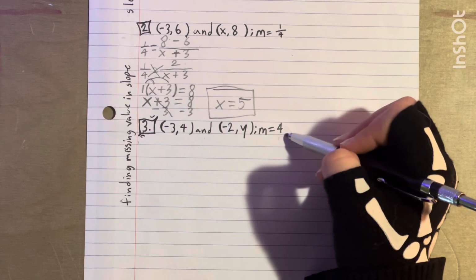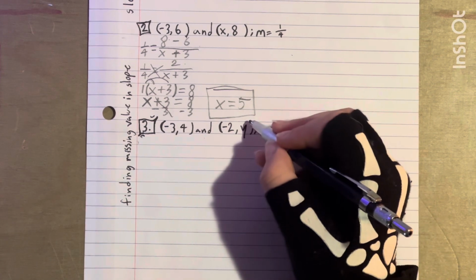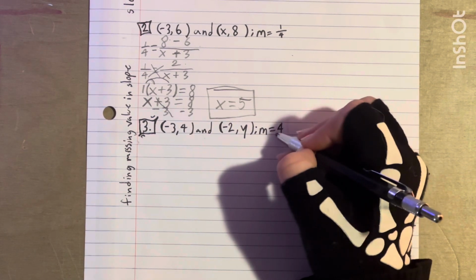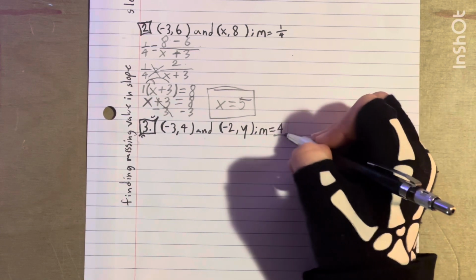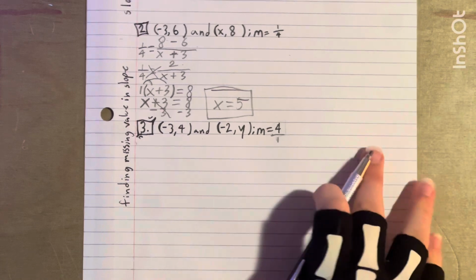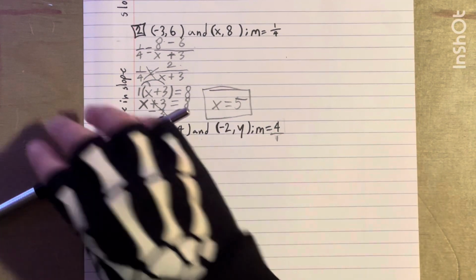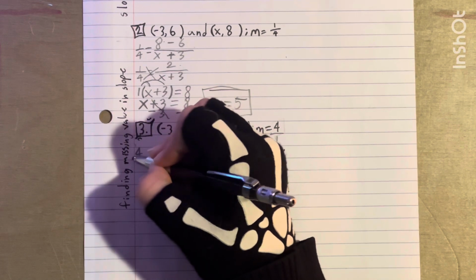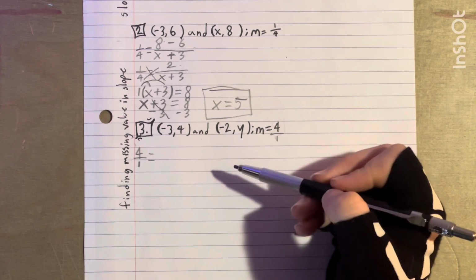Now here's this one. M equals a whole number, which makes it still seem tricky, but it's just as simple. This time we're missing a y instead of an x. You still do the same process, but for 4, you just put 4 over 1. 4 over 1 equals, and then you do exactly what you did on 1 and 2.